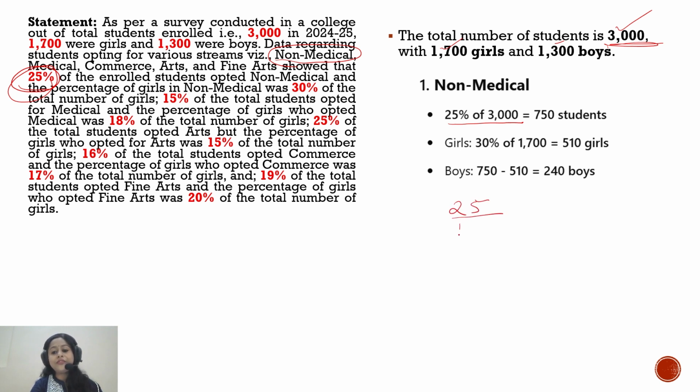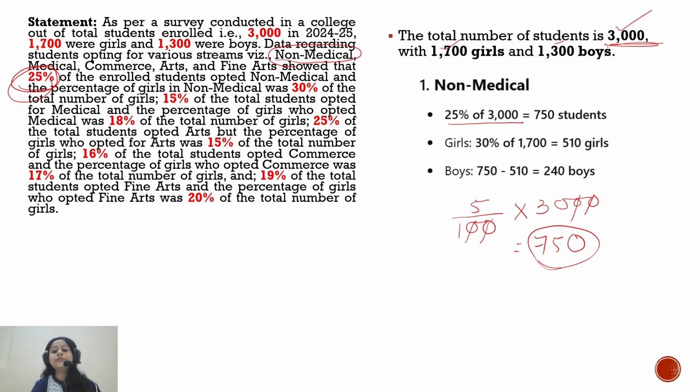So 25 by 100 into 3000. Here the 0s will cancel out. 25 into 3 is 75, and the 0 will be there as it is. So 750. This is how you can find the absolute number of students from a percentage, the total number of students opted for non-medical.